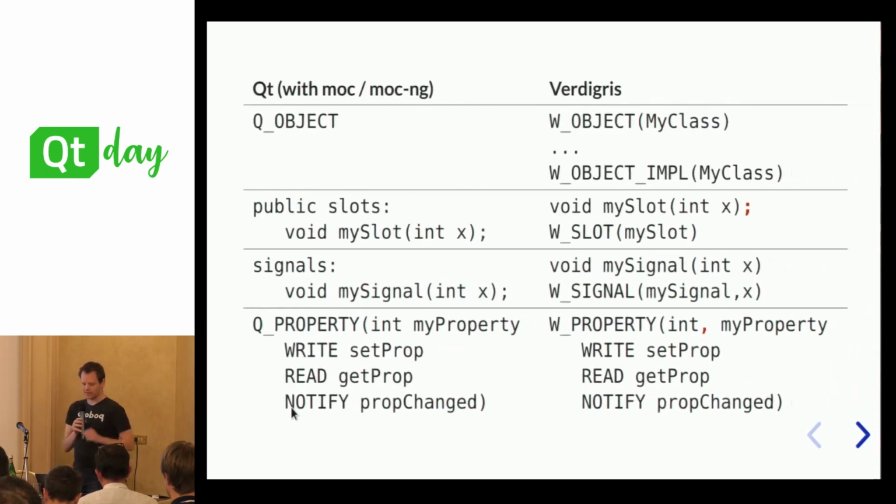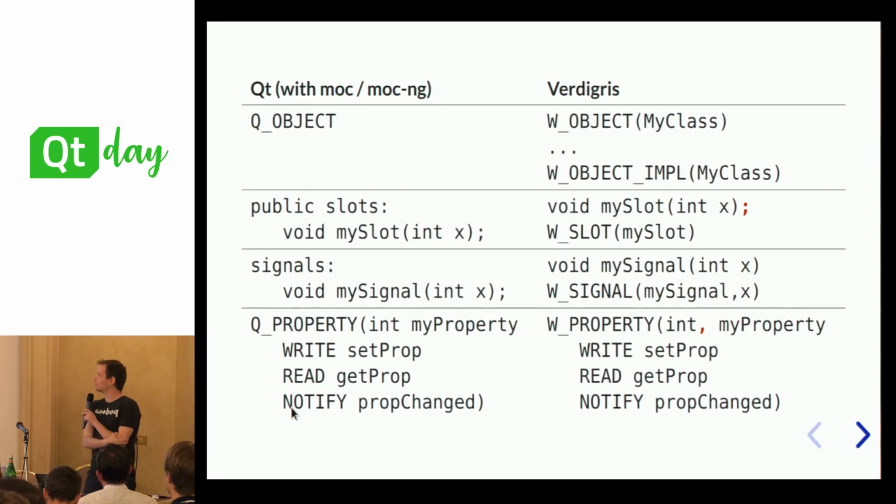and that's better. So here's the difference between Qt and Verdigris. It's basically very similar, but instead of using QObject, you would use WObject and then the name of your class, which you have to repeat in parentheses.